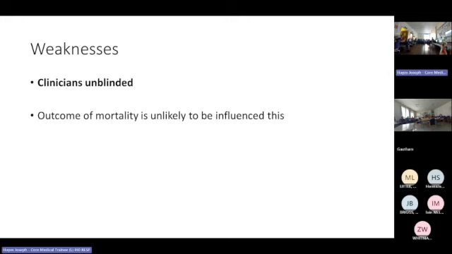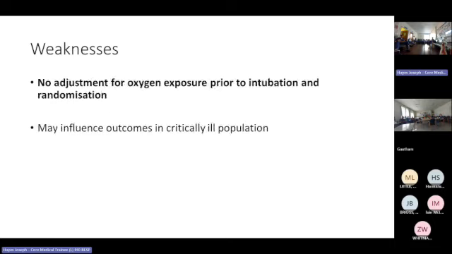The weaknesses were that the clinicians were unblinded, but as mortality is an objective outcome, I think it's unlikely that the trial would be influenced by this. There was no adjustment for oxygen exposure prior to intubation and randomization, which obviously can influence outcomes in critically ill patients.